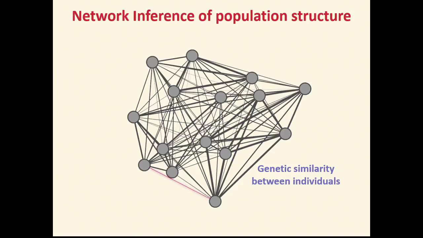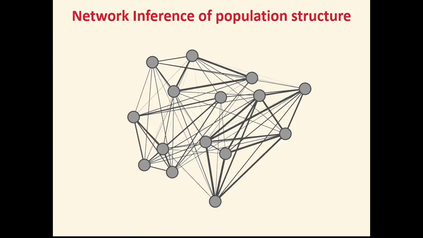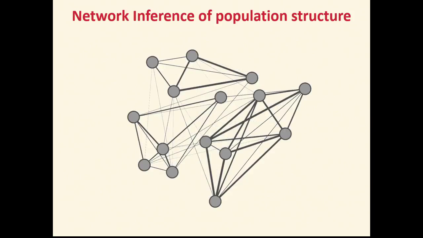So you see this structure is rather complex. In order to simplify it, we can remove some of the weaker edges from the network. So we remove some edges. We remove some more edges. And what you might notice is that structures emerge within the network of groups of nodes that are more densely connected between themselves than they are to the rest of the network.